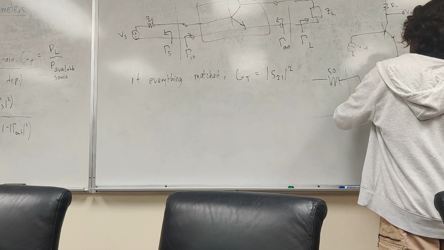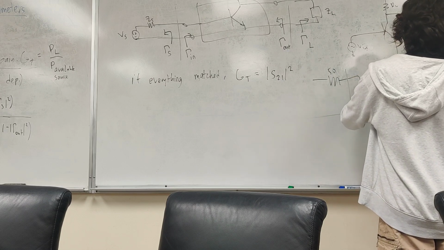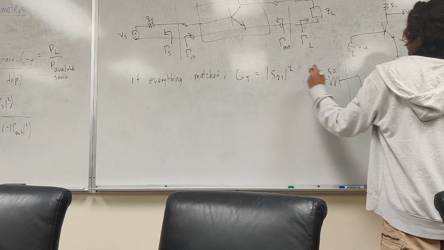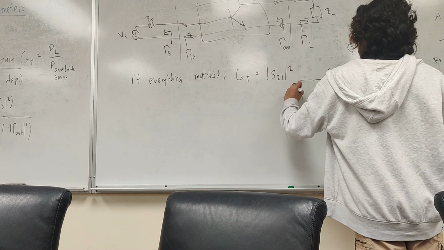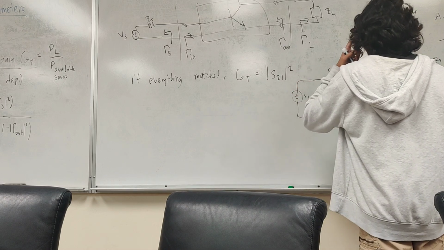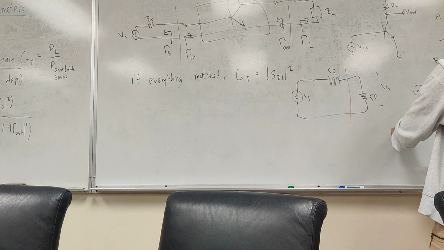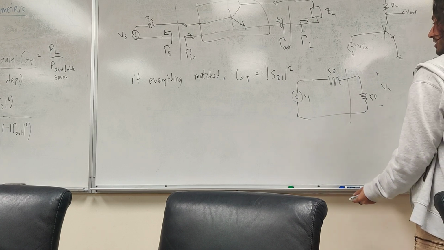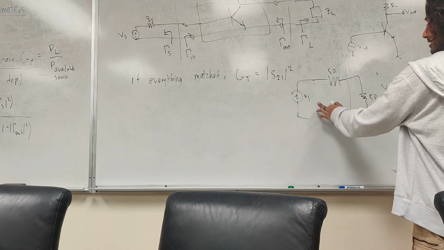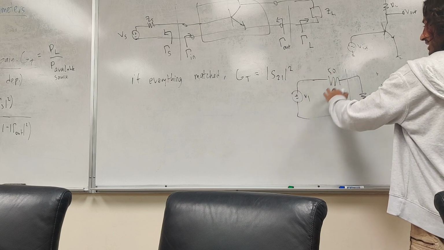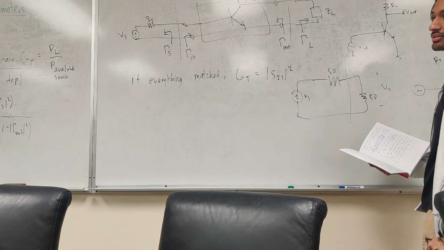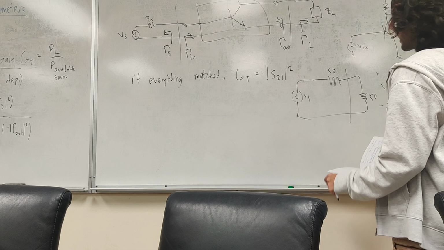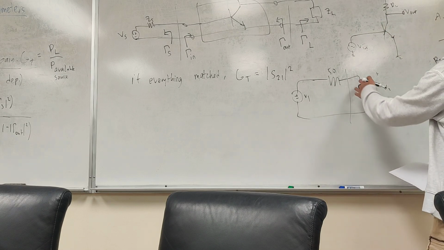It's 50, this is 50, call this V2, call this V1. The power delivered to V2 is going to be the power that is seen here divided by 2, right? Because effectively the voltage is split.